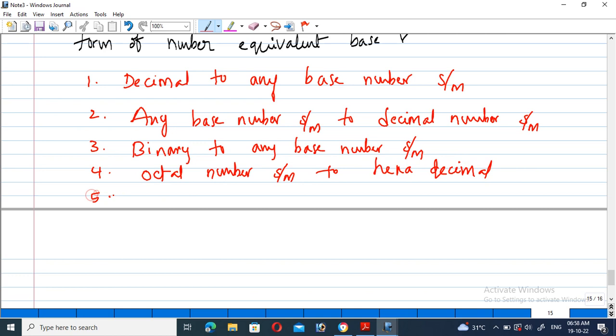And the fifth one is hexadecimal to octal number system. So these are the conversions of the number system.